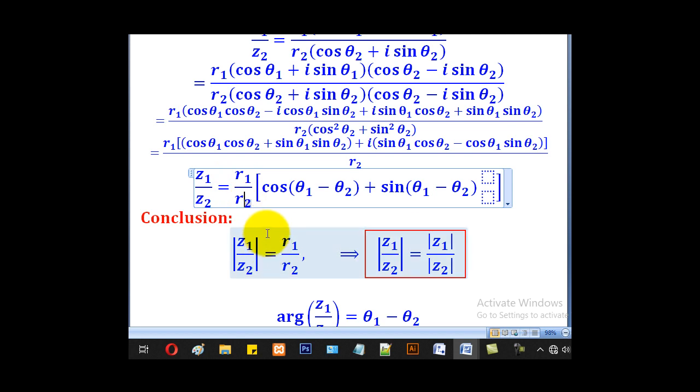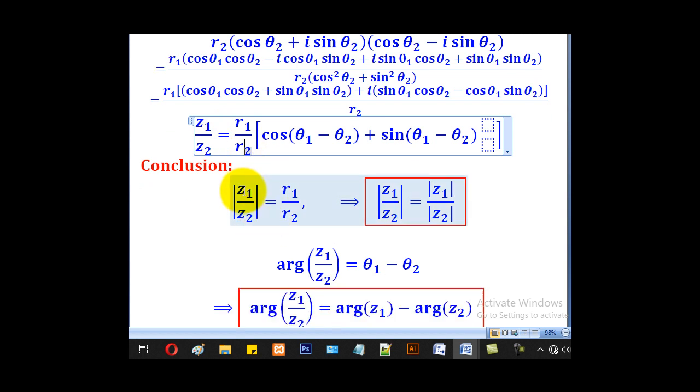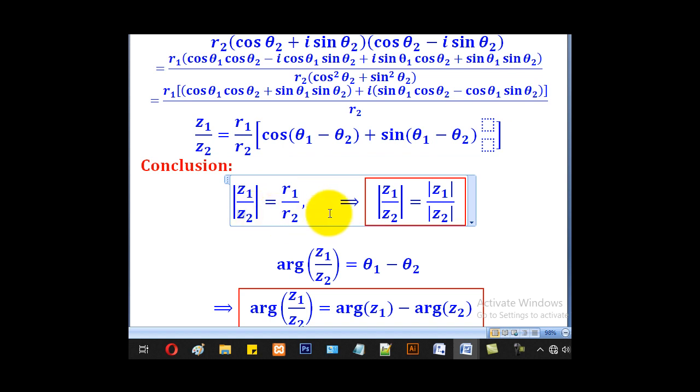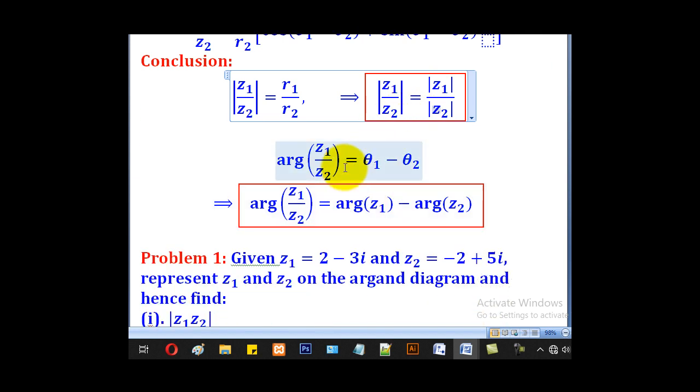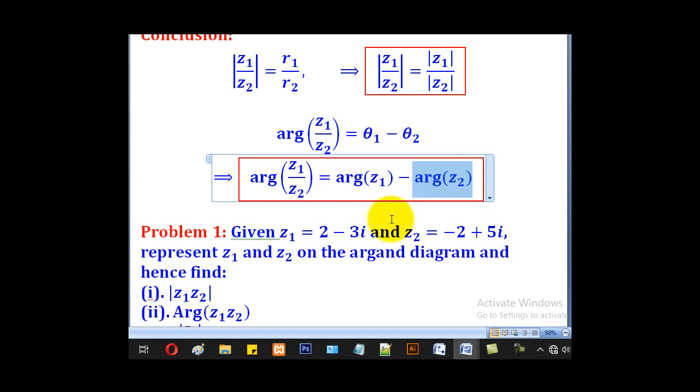So what does that imply? The modulus of z1 over z2 is equal to the modulus of z1 divided by the modulus of z2. The argument of z1 over z2 is equal to the argument of z1 minus the argument of z2.